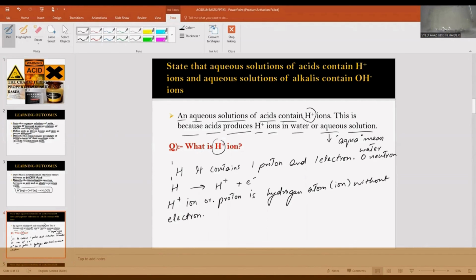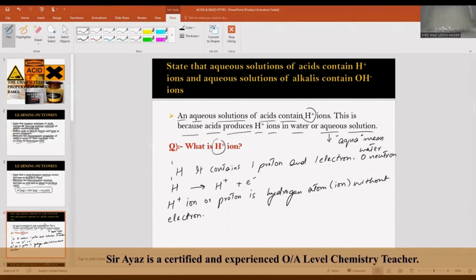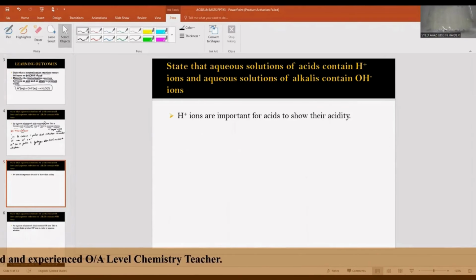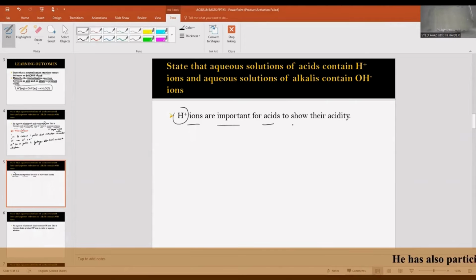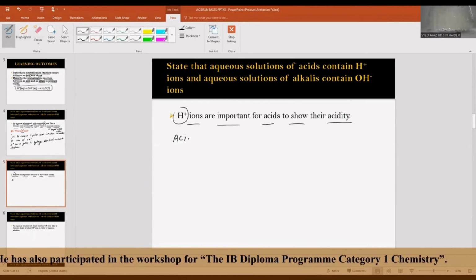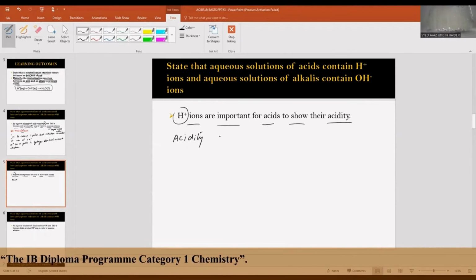So whenever an acid dissolves in water, it produces H positive ions in it. H positive ions are important for acids to show their acidity. When we talk about acidity, it means characteristic properties of acid.